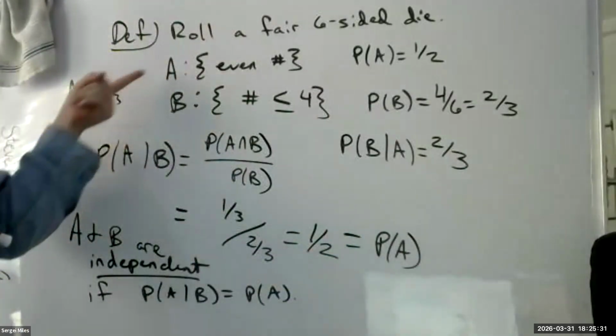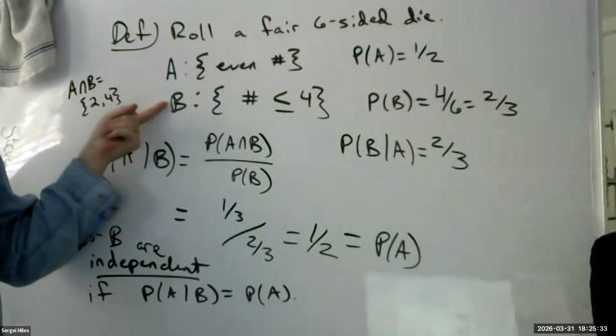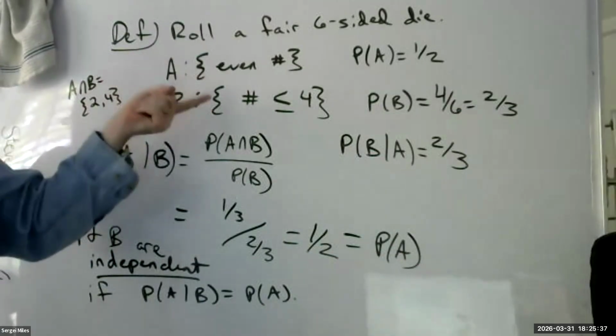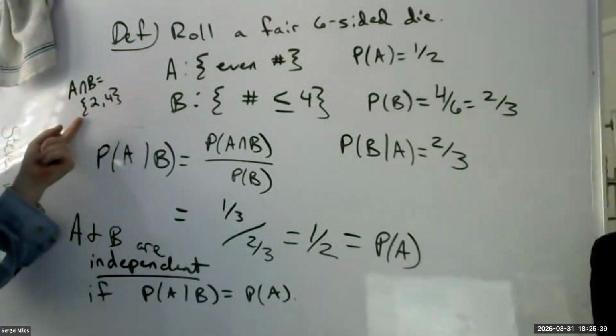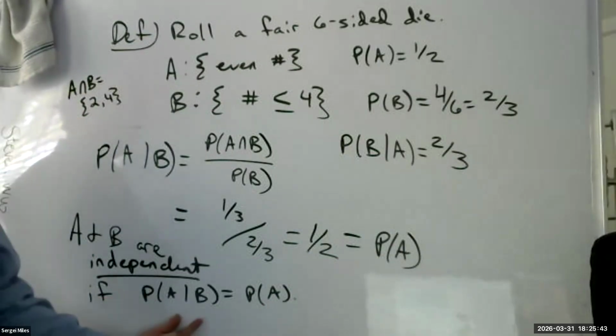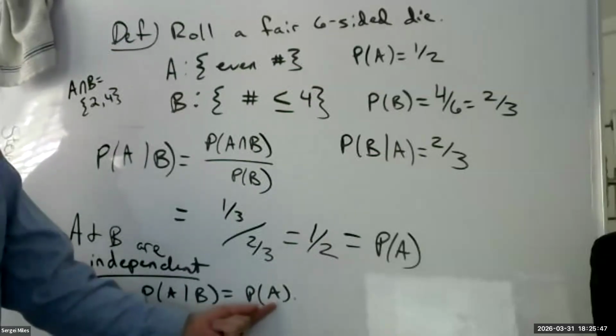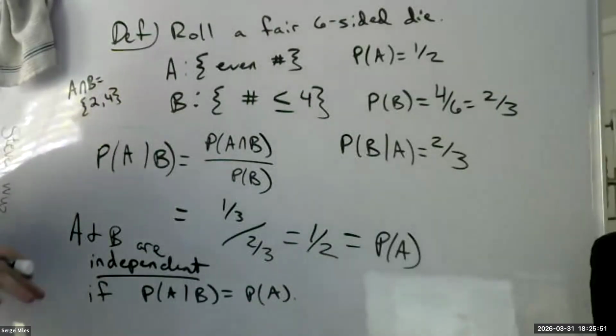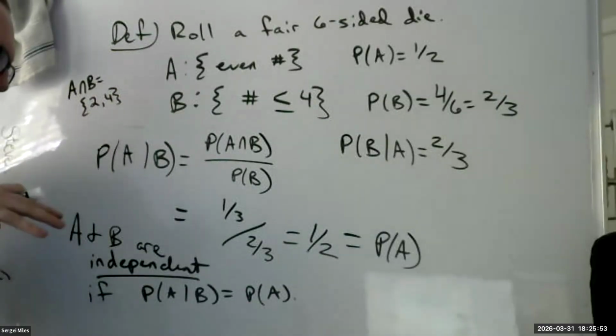Take this example. A and B here are not mutually exclusive, right? They share numbers in common. Their intersection is not empty, but they are independent, where regardless whether B happens first, it's still the same probability A, okay? So you can have events which are independent and not mutually exclusive, okay?